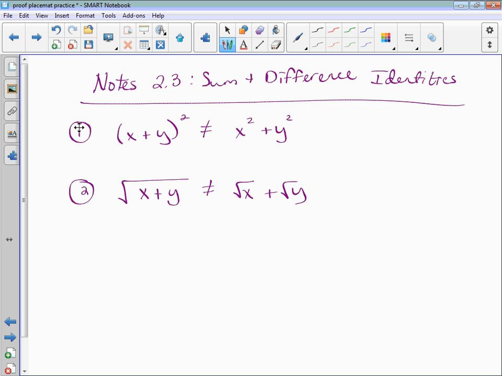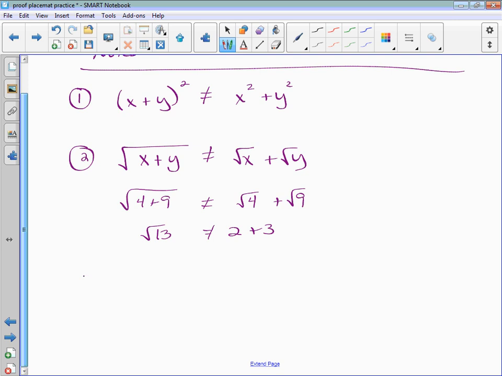You want to prove with numbers? Let's say we have... you think that's equal to, so the square root of 13 is the same as 2 plus 3? Yeah. Wow. Okay.